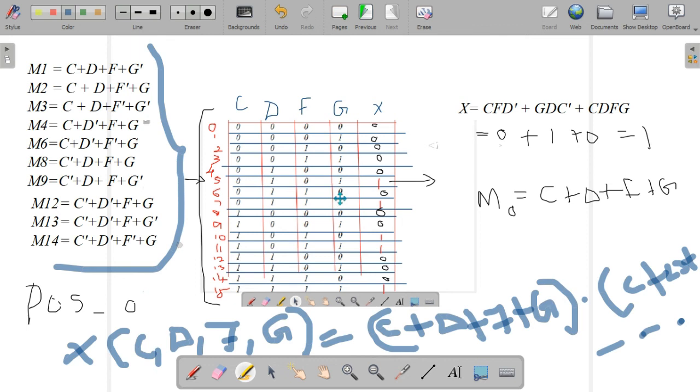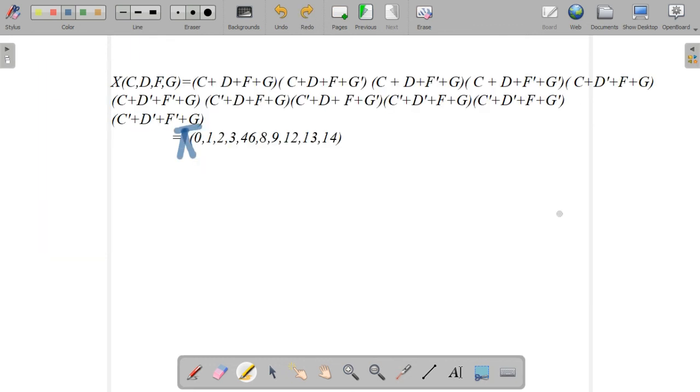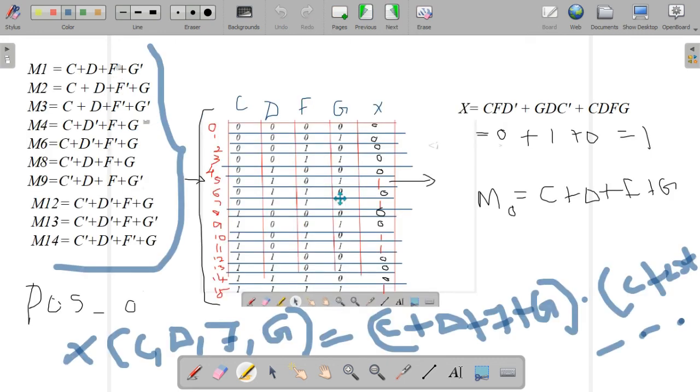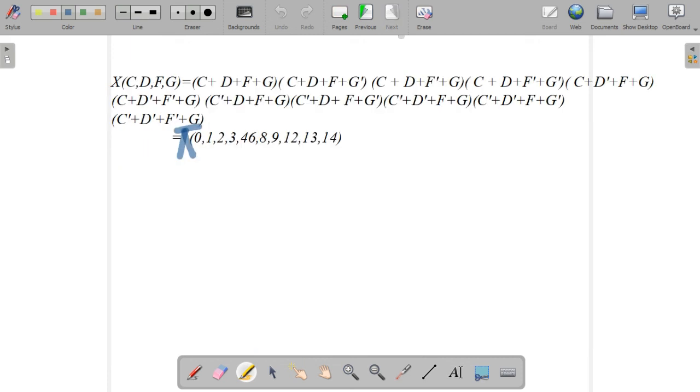Now we get the values pi of 0, 1, 2, 3, 4, 6, 8, 9, 12, 13 and 14. From where are we getting these values? Here we have the max term designations 0, 1, 2, 3, 4, 6, 8, 9, 12, 13, 14, and the same designation values we are writing here as pi of these values. So till here we have done.